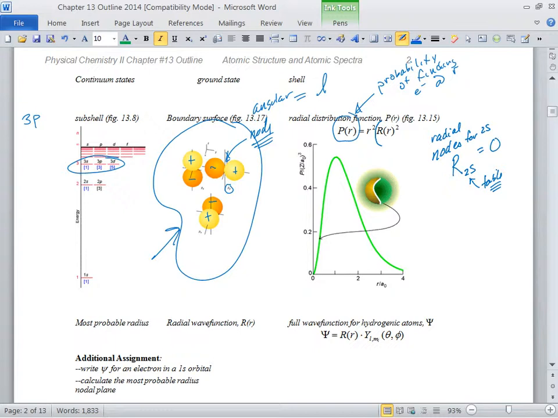I think they're also going to ask for the extremes. What are the maximum? What are the extremes? Now you just take the derivative and set it equal to 0.